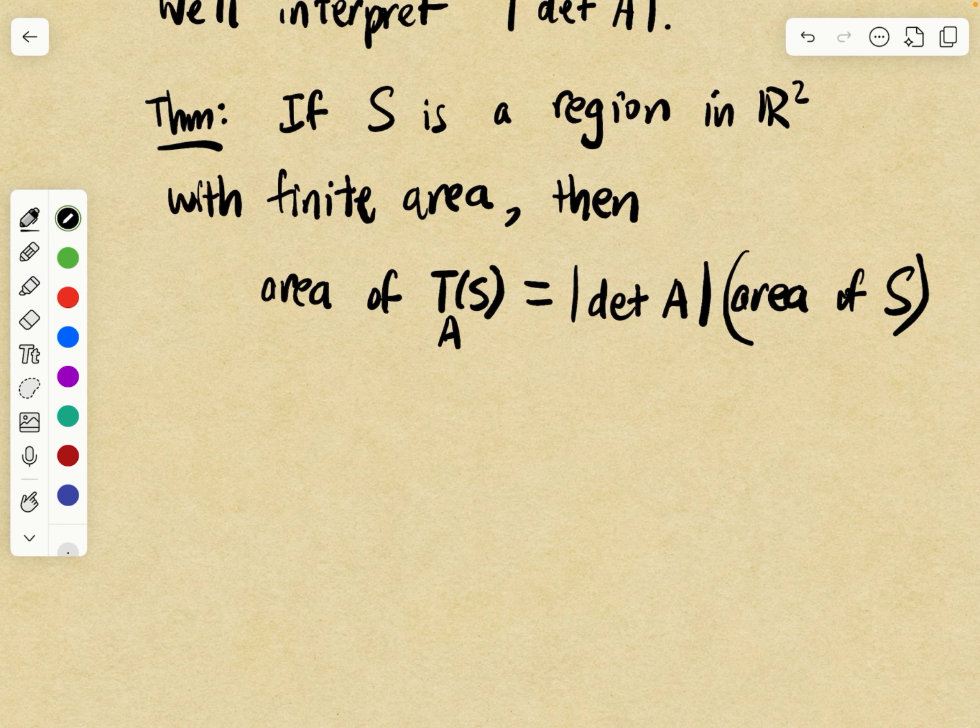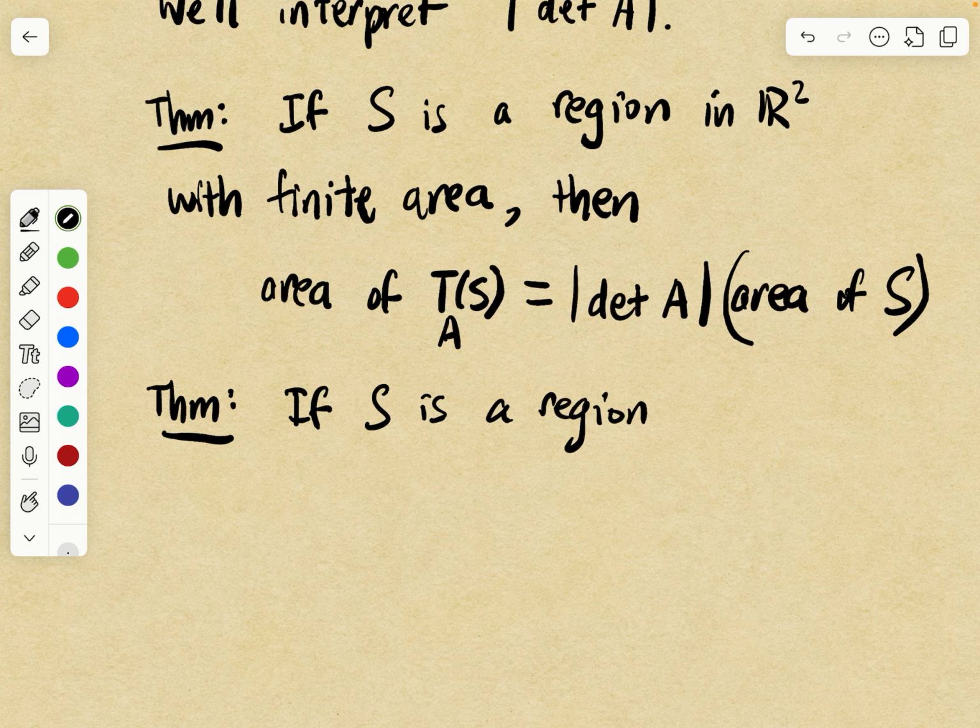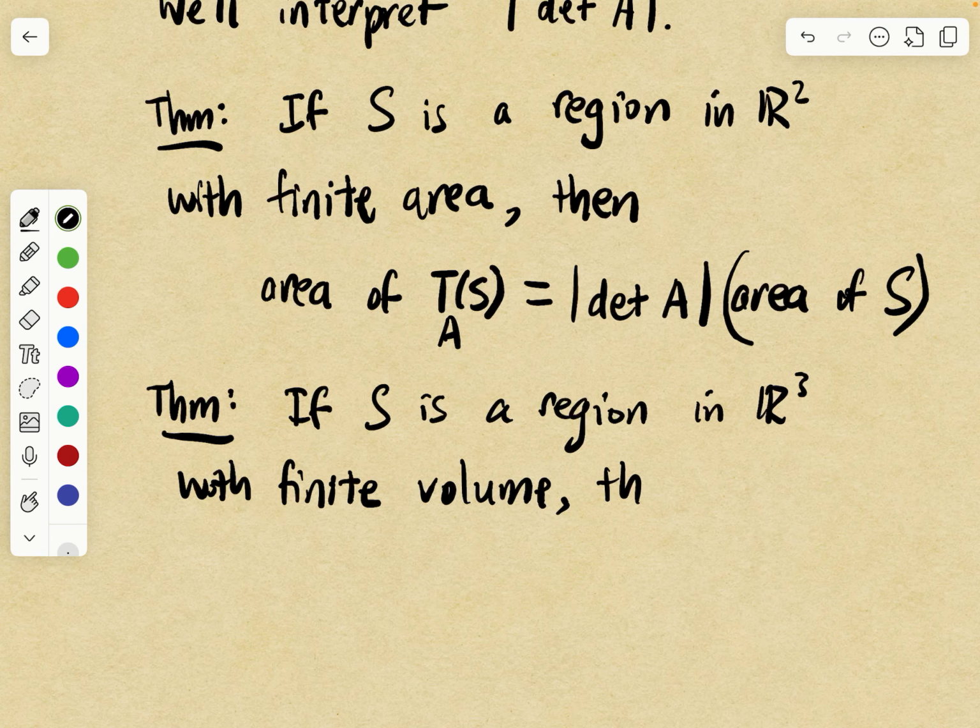There is a similar statement in R3, which involves volume. If S is a region in R3 with finite volume, then the same thing happens.